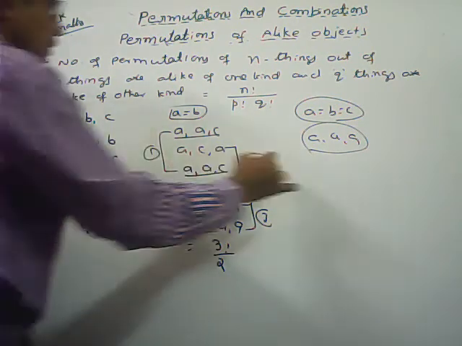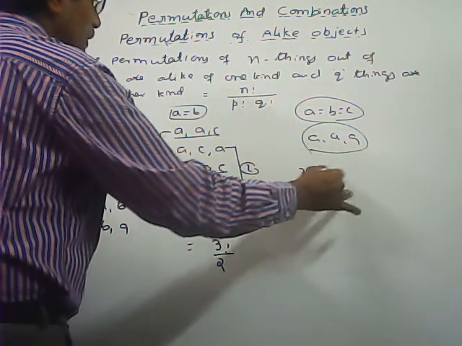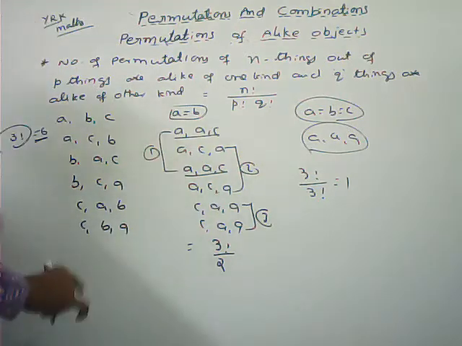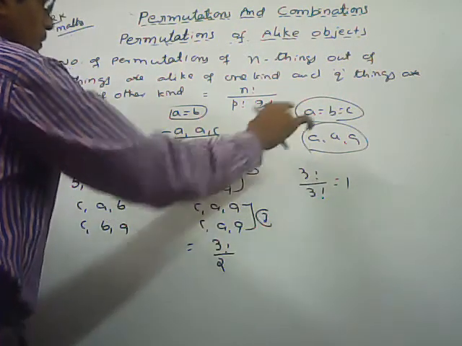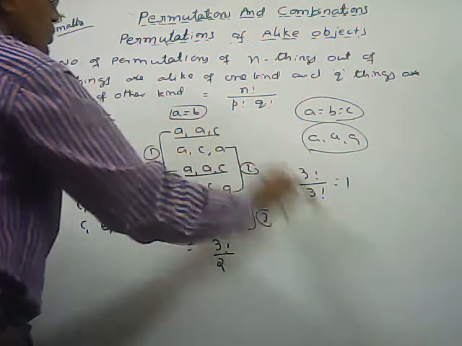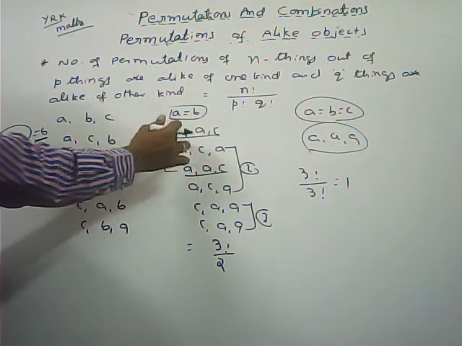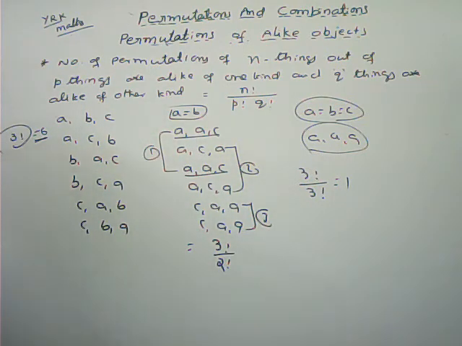So 3 factorial should be divided by 3 factorial. If 3 are identical, the number of linear permutations should be divided by 3 factorial. If 2 are identical, it should be divided by 2 factorial.